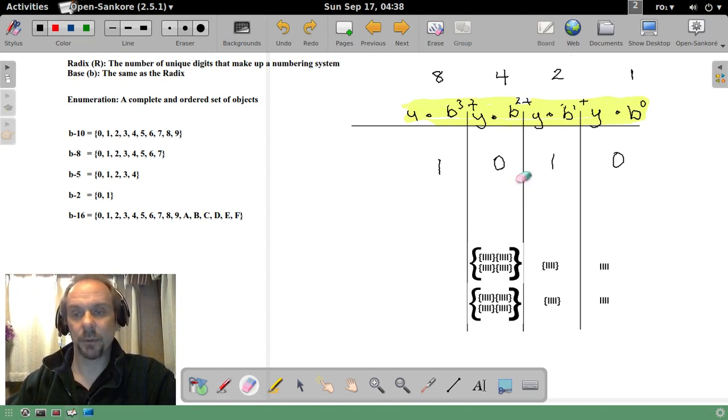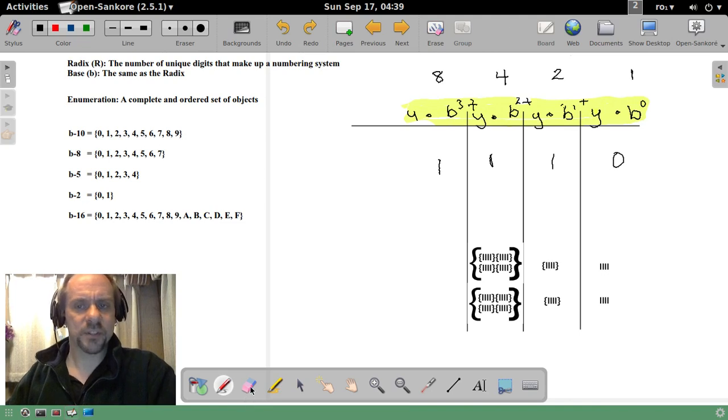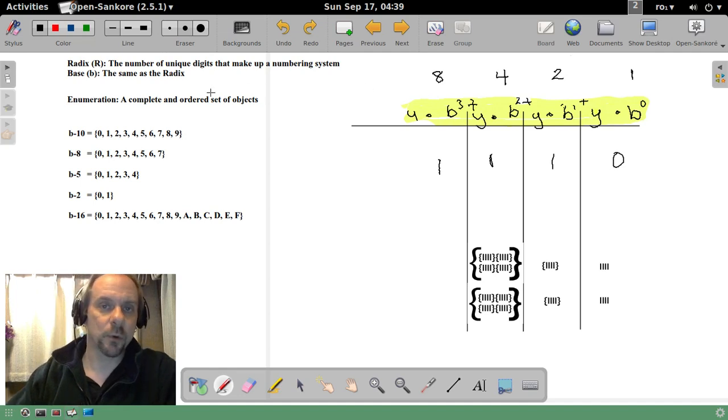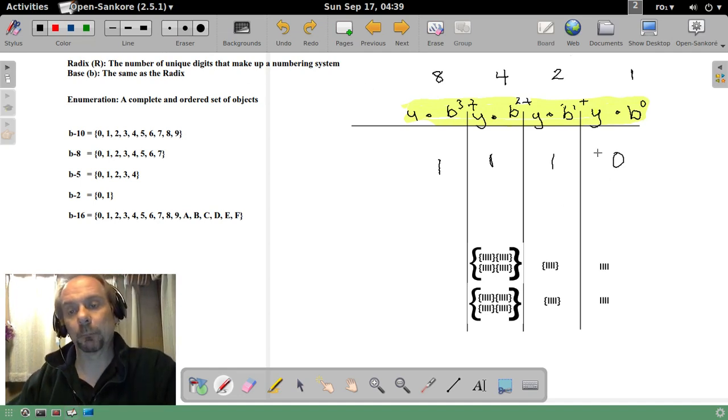If I change it up, I have 2 plus 4 plus 8, or 12. So it's fairly easy to convert binary back into decimal. You don't have to go through this whole method if you memorize the place values, and they're easy to memorize because they just double each time. 1, 2, 4, 8, 16, 32, 64, 128, and so on.